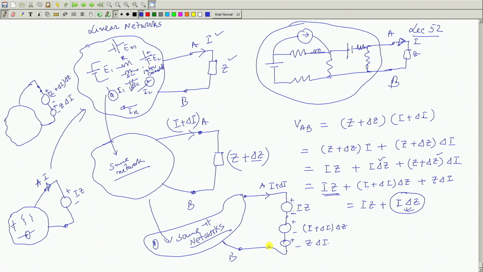You get this network, and this network is the same as this network, so this current is I. Then all the internal sources are present, this one is absent, I have taken this into account, and the other two sources are present.